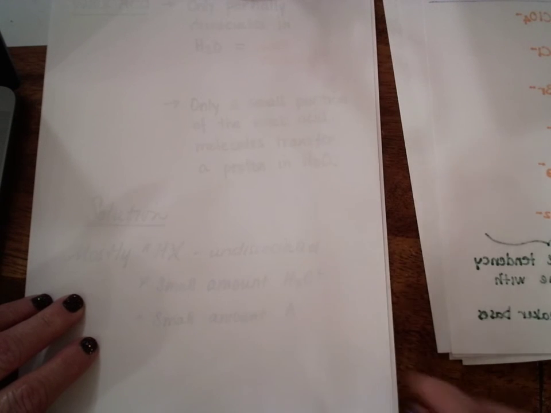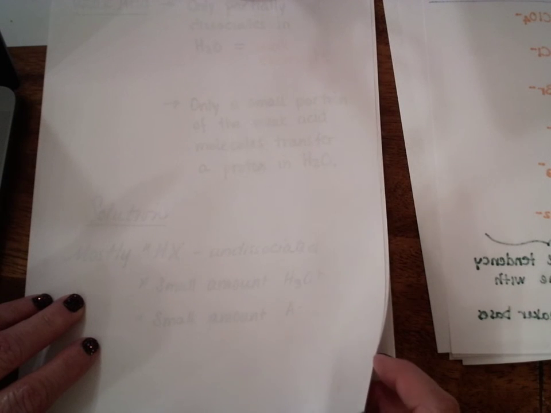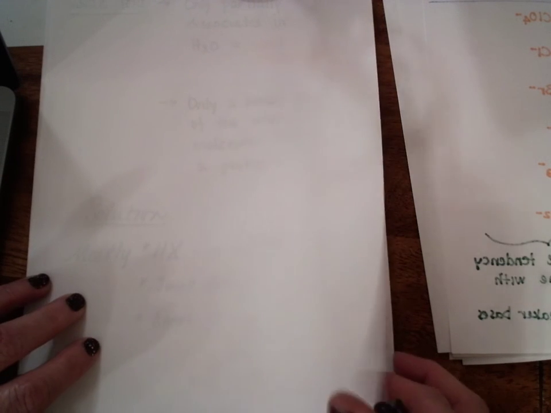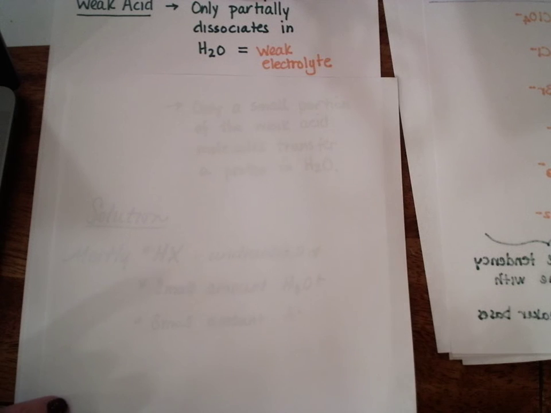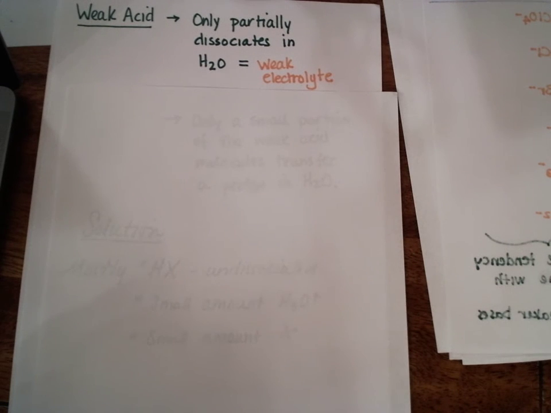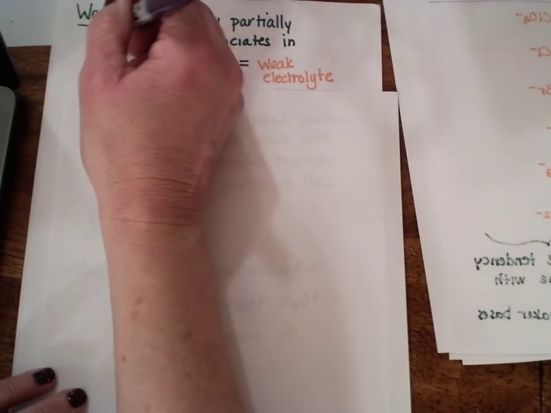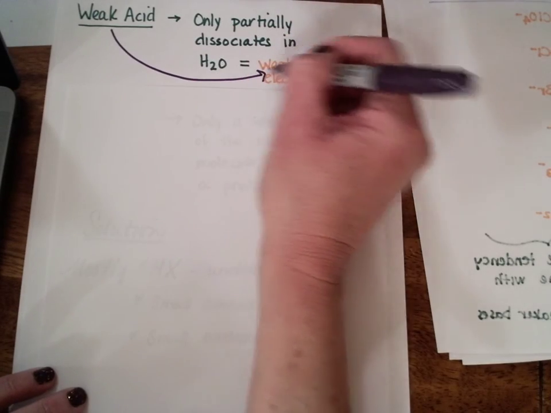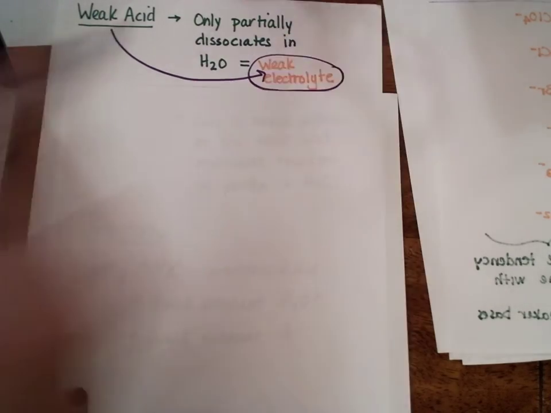If I look at weak acids, then I have to talk about it a little bit differently. A weak acid only partially dissociates in water. So a weak acid is the equivalent of a weak electrolyte.